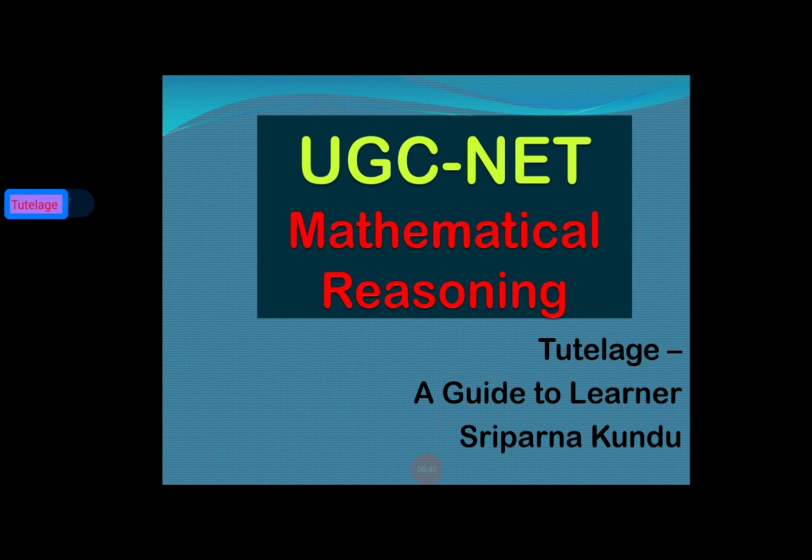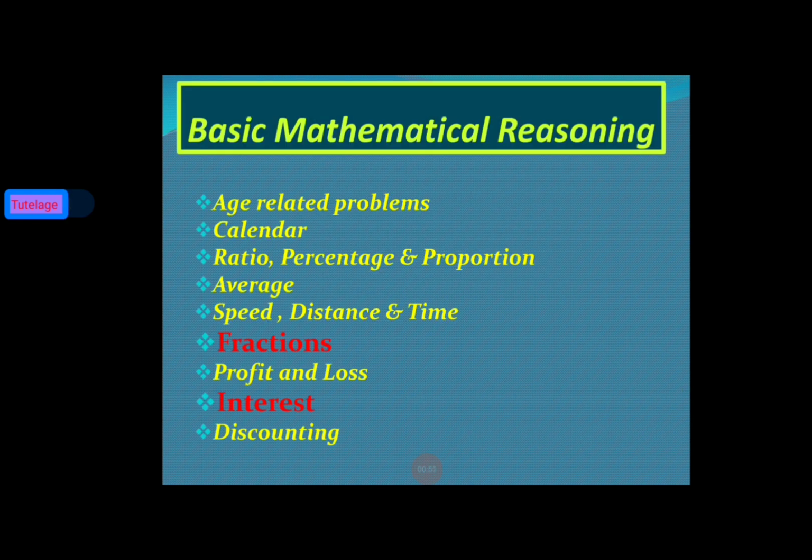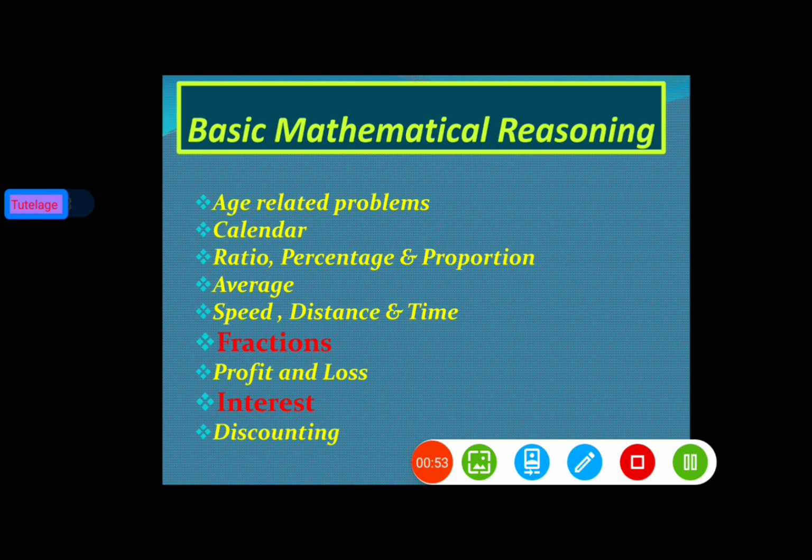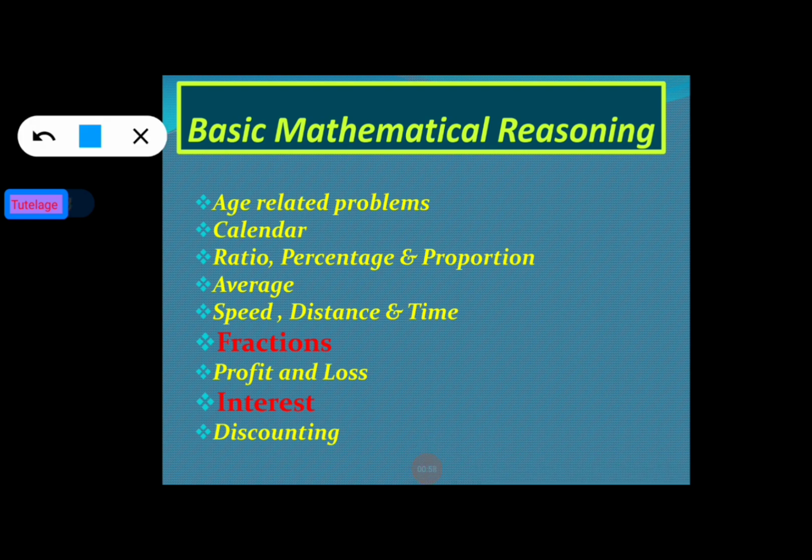Okay, so now move on to the main slide, and here we can see mathematical reasoning includes age related problems, calendar related problems, ratio, percentage, proportion, average, speed, distance and time, fractions and profit and loss, interest and discounting.